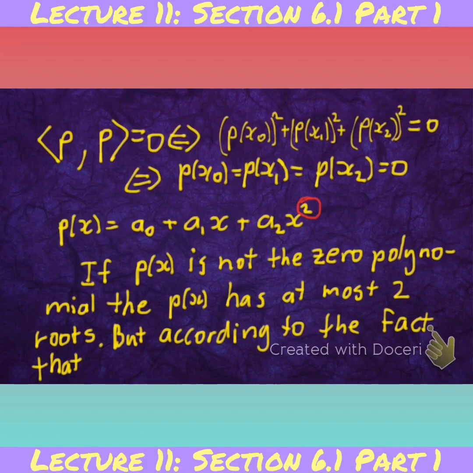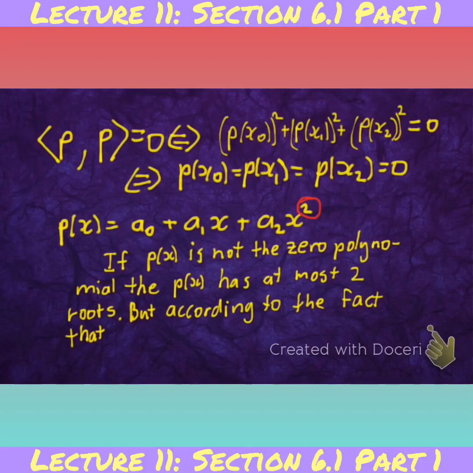remember, what did we previously state? We stated that according to the fact that we had this scenario here where those 3 points yield 0 values. According to the fact that, and remember x0, x1, and x2, these are all distinct points.